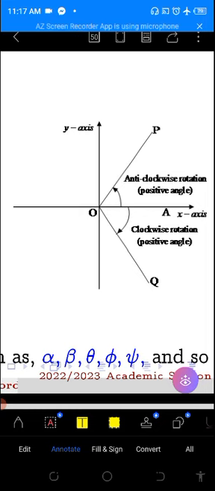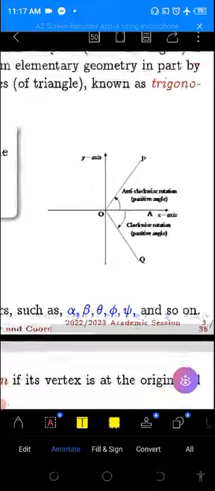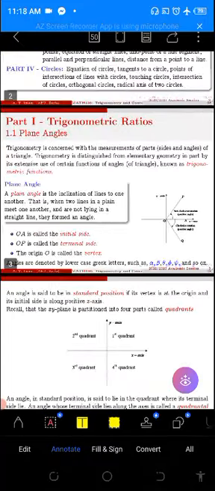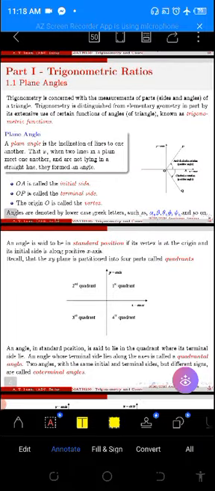And the angle which the line OQ makes with the line OA is in the clockwise direction, and that is a negative angle. Sorry about the typo here, it is a negative angle. So you see OA is called the initial side, while OP is called the terminal side.